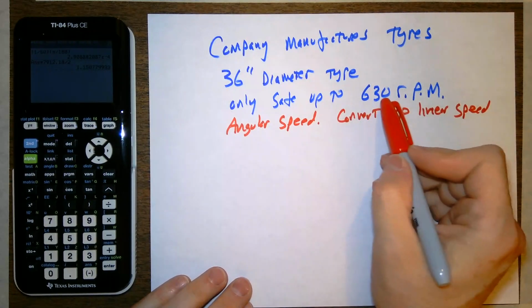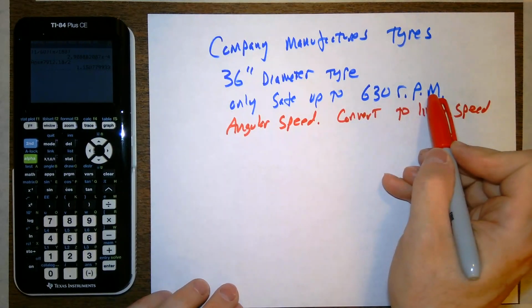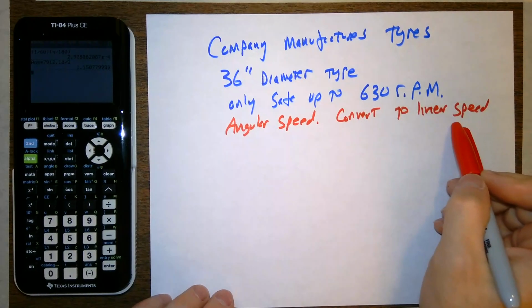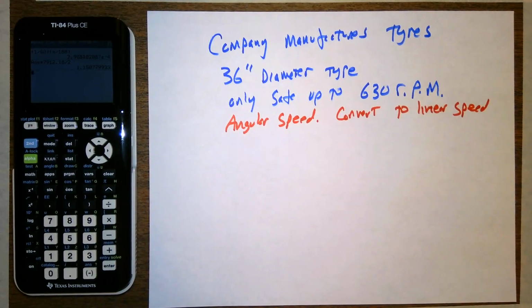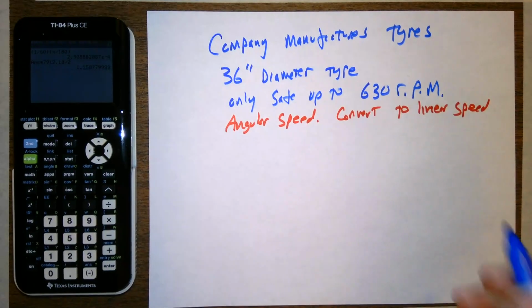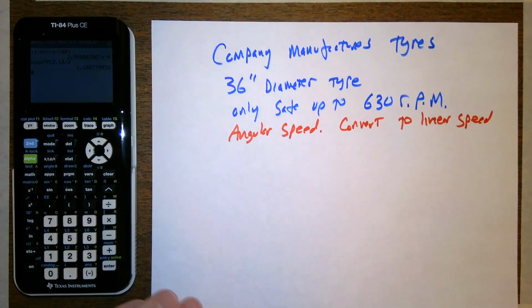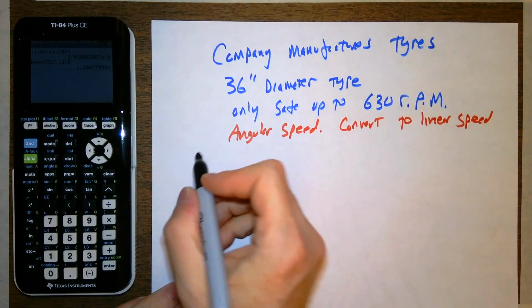So angular, spinning, 630 rotations per minute, I want to convert that to a linear speed. So it's all about the unit conversions now, just like converting from degrees to radians and radians to degrees. So here we go. Let's set this up and see what the corresponding miles per hour is.